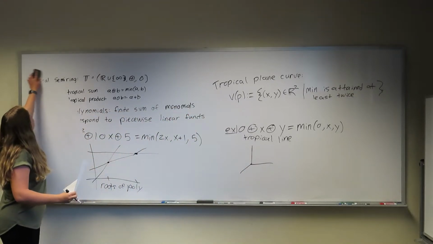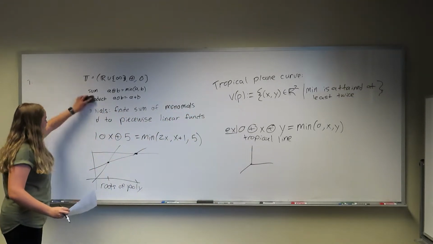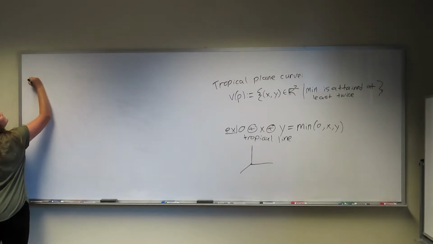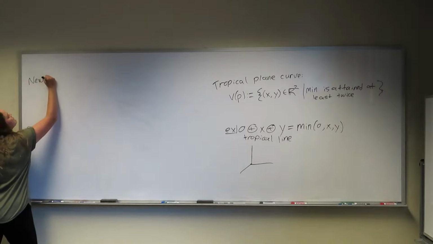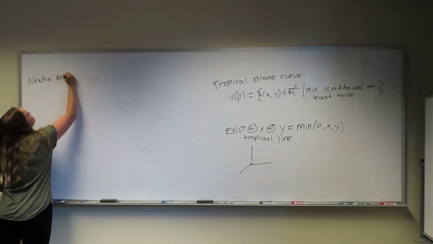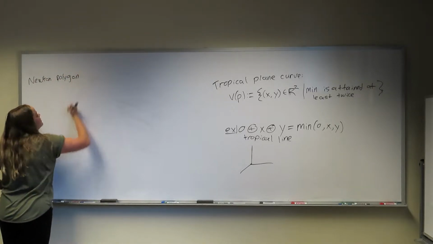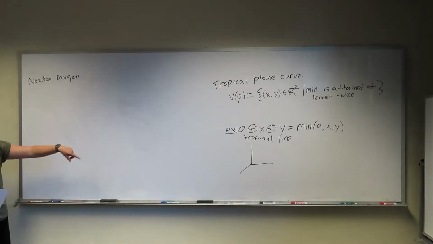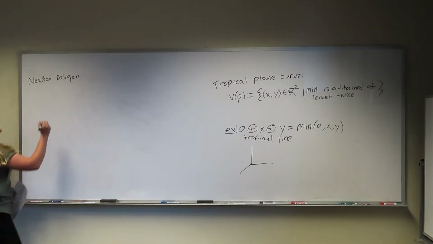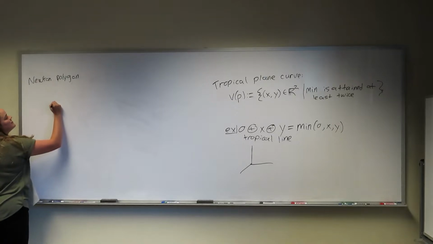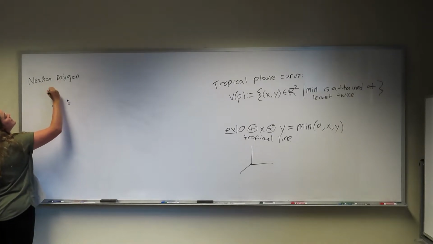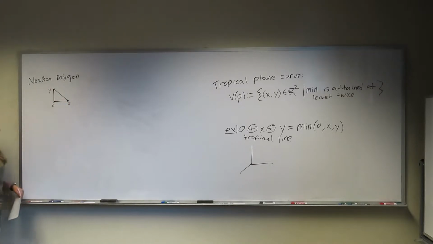I'm also going to remind you about Newton polygons and Newton subdivisions. Our Newton polygon comes from our integer lattice. For this example, the Newton polygon has vertices at 0, x, and y. We take the convex hull of those, and we get this Newton polygon.